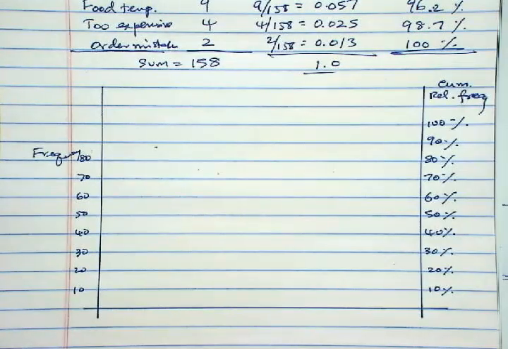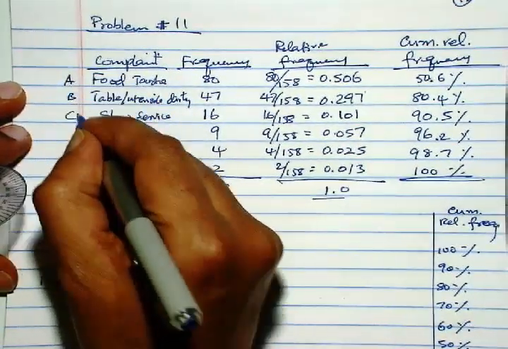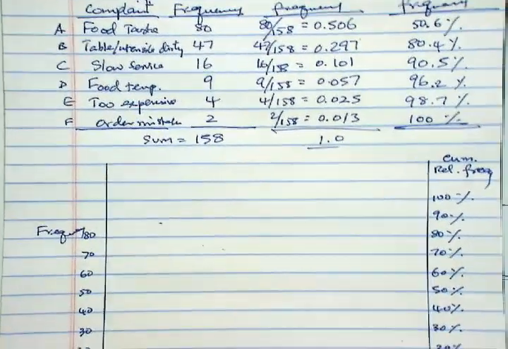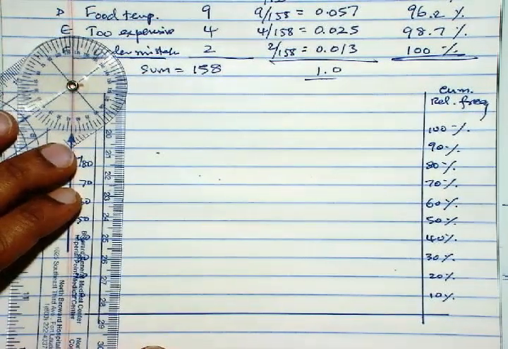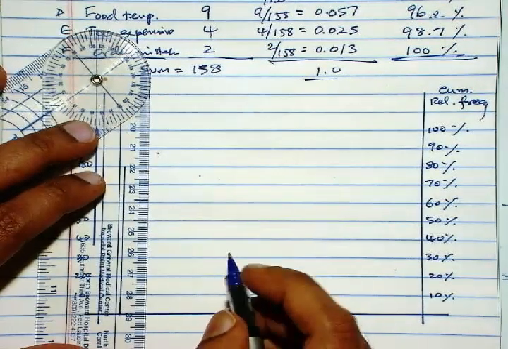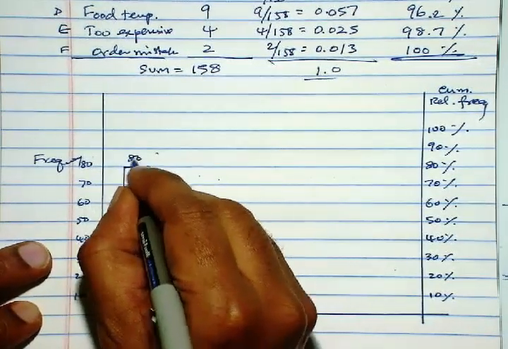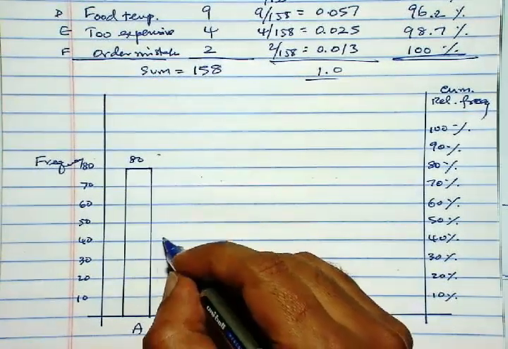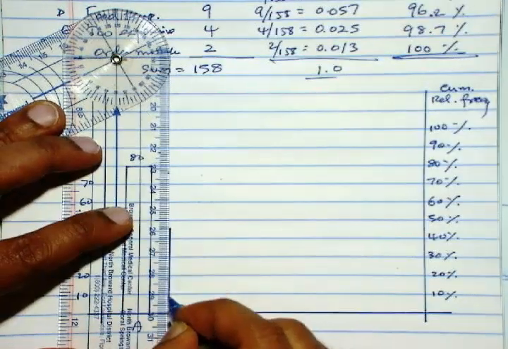Okay, so we start with, to make it easy, let's just give codes here A, B, C, D, E and F. So first one is A, that goes up to 80. So that's A. Next one is 47, so that will be approximately about there.